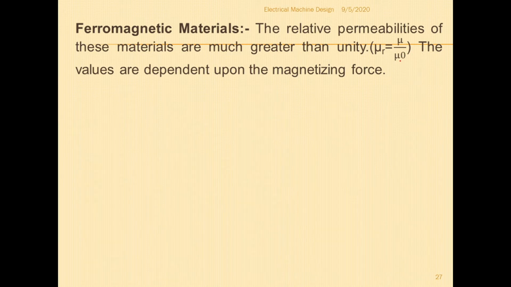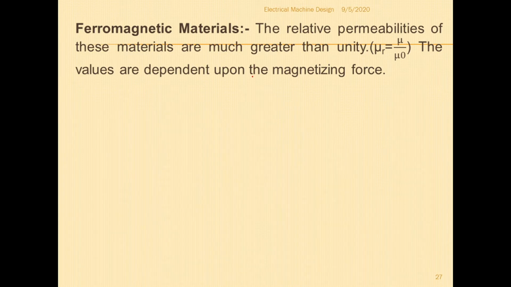Correct. H is the magnetizing force. So relative permeability is written as a ratio of mu divided by mu naught. Mu naught is the absolute permeability in the free space. Correct. So mu is the permeability of that particular material. So relative permeability of this material is much greater than unity, so it is more than unity.